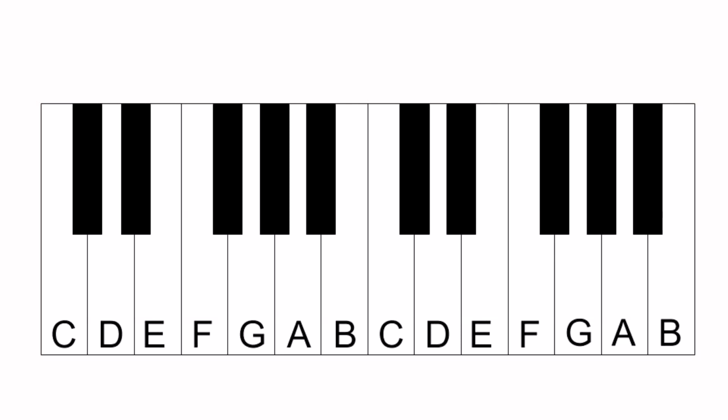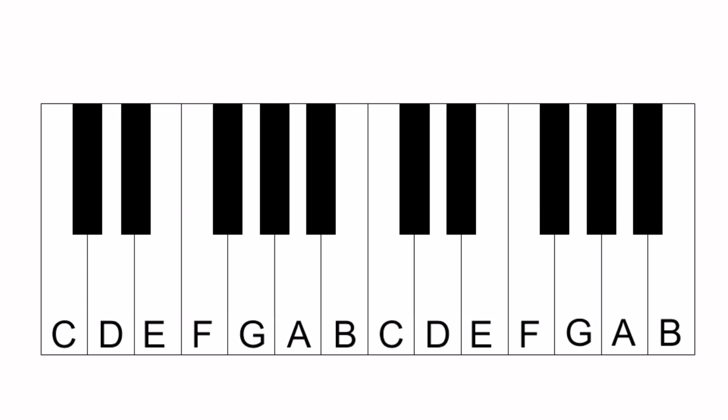But let's go to sharps and flats. So, in general, if you start at a white key and you go up a half step to the black key that is right to the right, you'll have a sharp of whatever key you started on. So if you start at C and go to the next black key, you have C sharp.